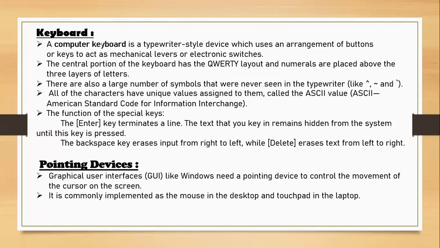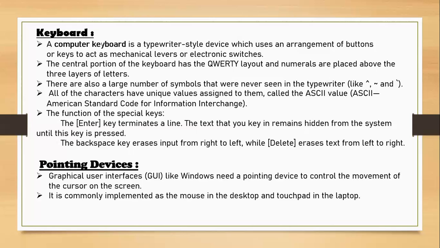Pointing devices. Graphical user interfaces, like operating systems. I have mentioned in one of the previous classes, Windows is an operating system, an example of a graphical user interface operating system. Graphical user interfaces like the Windows operating system need a pointing device to control the movement of the cursor on the screen.